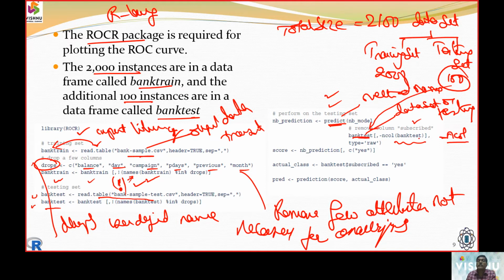So that is the number of subscribed column, the last column, we are going to pull it out.